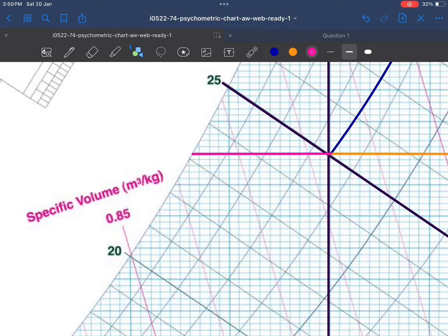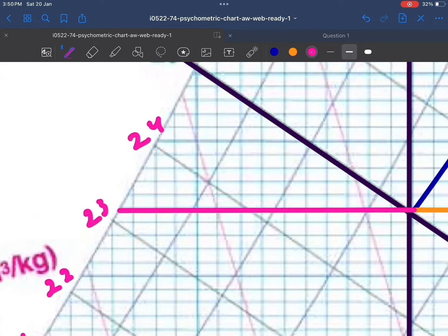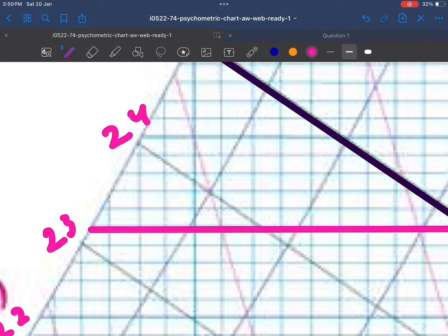Then the point is, this is 22, this is 23, 24. Okay, there are 5 parts between 23 and 24. So our dew point temperature is 23.2 degrees Celsius.